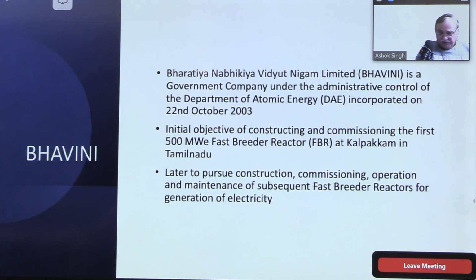On the basis of this, in future, more fast breeder reactors will be constructed, commissioned, operated, and maintained by Bhavini for the purpose of generating electricity. So this will continue in the future. This is the concept of Bhavini.